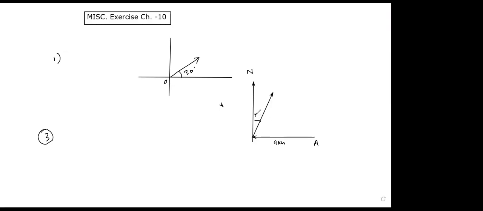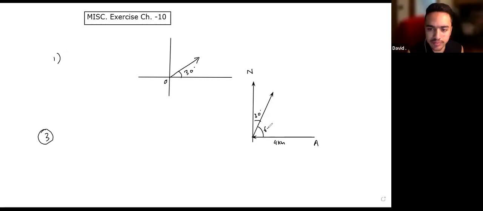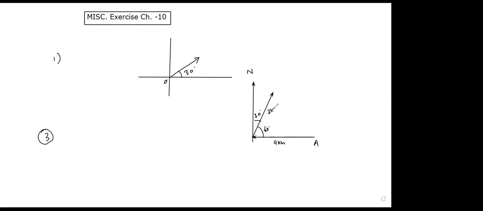So this is 30 degree east of north. So obviously this will be 60 degree. And this magnitude is 3 kilometers.